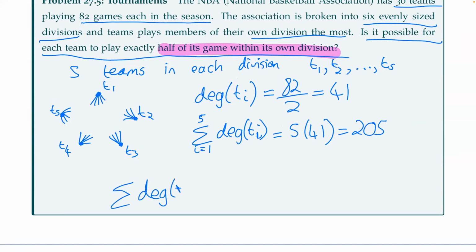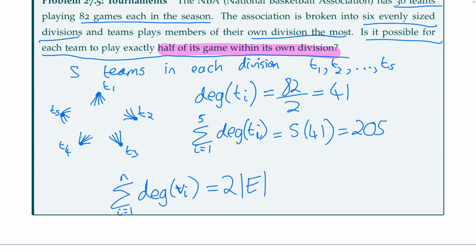Remember we had this in the pre-lecture? We had this relationship here. The sum of the degrees is equal to what? Can anyone remember? 2 times the number of edges. So, does that help you figure out whether we can have each of these teams playing half of their games within the division?